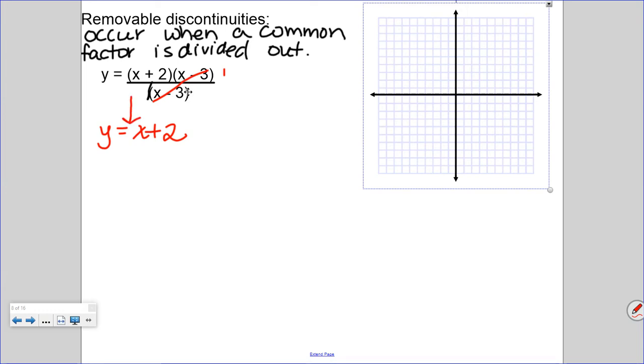The only problem is that if I just simplify and try to graph x plus 2, I have an issue. Because the original problem is a division problem, and with division, there is one rule that we cannot break, and that is that we cannot divide by 0.